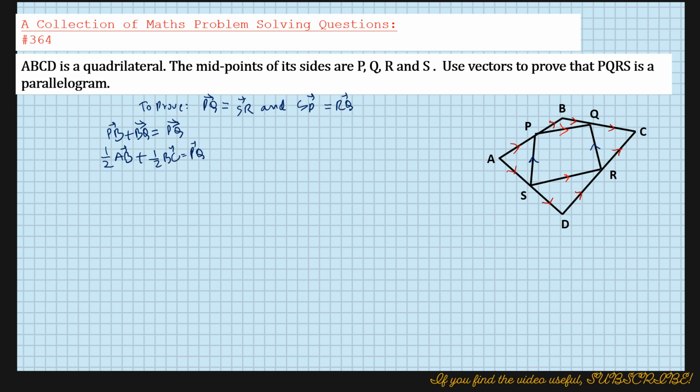There's one thing I haven't drawn yet: we have to join these points, AC and BD.